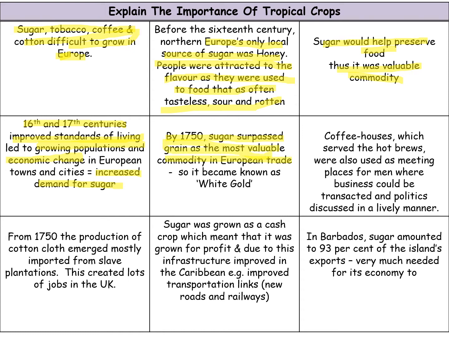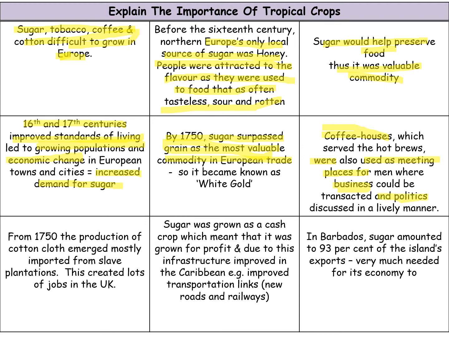Coffee houses, which served hot brews, were also used as meeting places where men could do business. So we're going to say coffee houses were used as meeting places for business and politics.